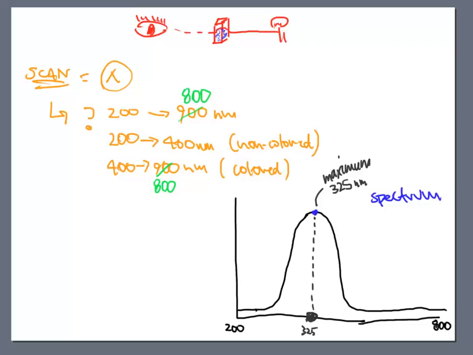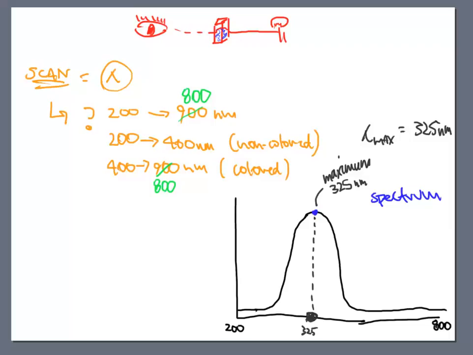Again, we call this lambda because it's a wavelength, and we write the word max for maximum. So in a lab procedure or in a lab practical, if you see the word lambda max, that's letting you know that this is the area that's very special for that molecule. And if you want to measure the molecule, that is the number that's the best suited for those measurements.